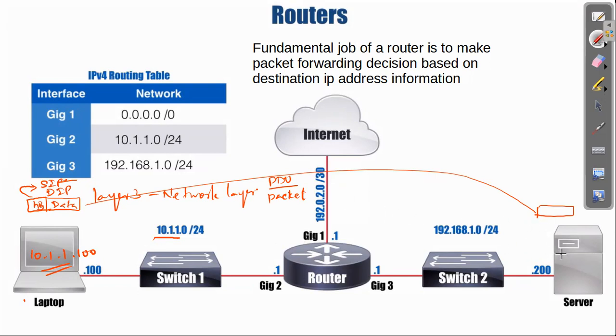The destination IP address is the IP address of this server, that is 192.168.1.200. Now the laptop wants to send the packet. It has to send the packet, so it needs the source and destination IP address details.